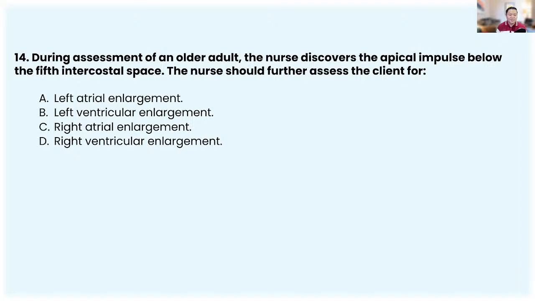Okay, so what is the answer? The answer for item number 14 is letter B. Remember that the apical impulse migrated below the fifth intercostal space. Remember the point of maximum impulse is no longer in the original location between the fourth and the fifth.